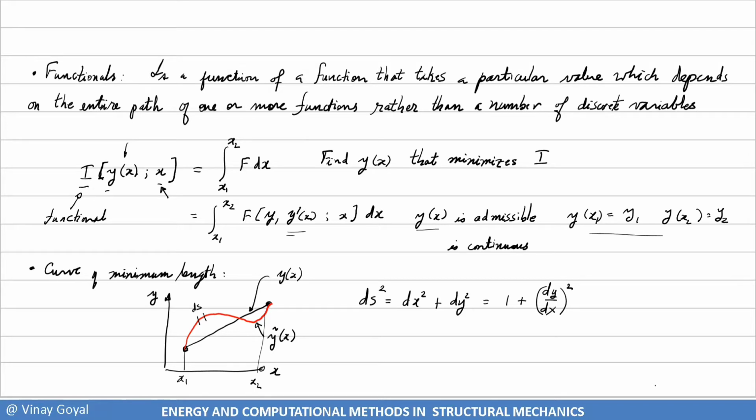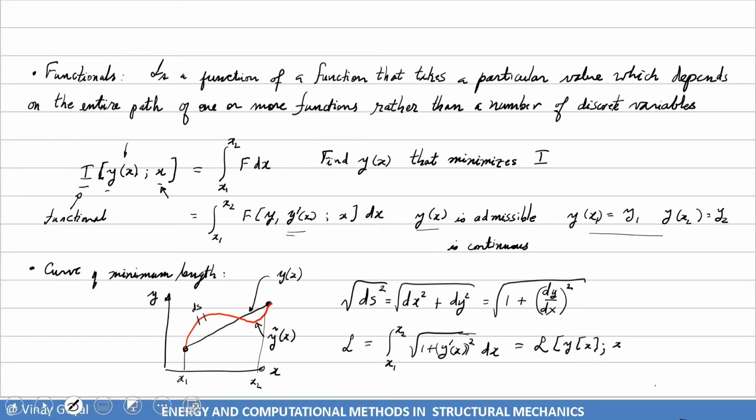And so the length then has to be the integral from x1 to x2 of the square root of this ds squared. So then I have the square root of 1 plus y prime squared dx. That's exactly what I need there. And that is a function L. L now is my functional because it depends on y, x, okay, and y depends on x.